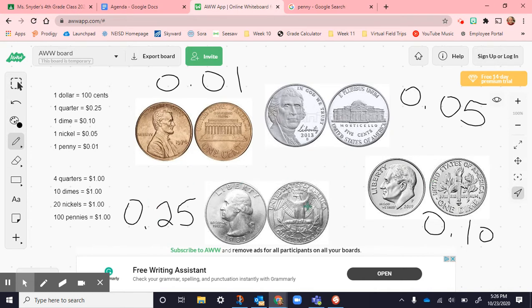And then for our quarter, a quarter is made up of 2 dimes and 1 nickel, 25. So the 2 is in the tenths place and the 5 is in the hundredths place. So here's the value of that, what they look like written out and in word form.